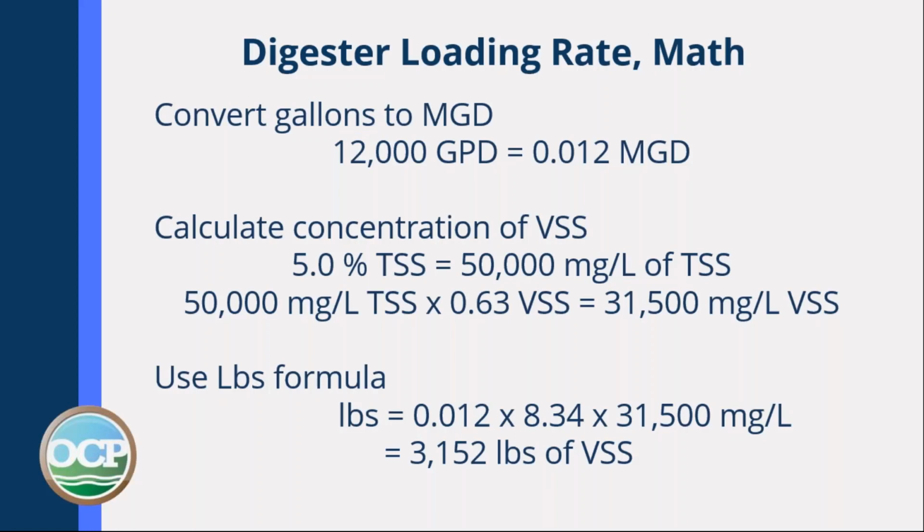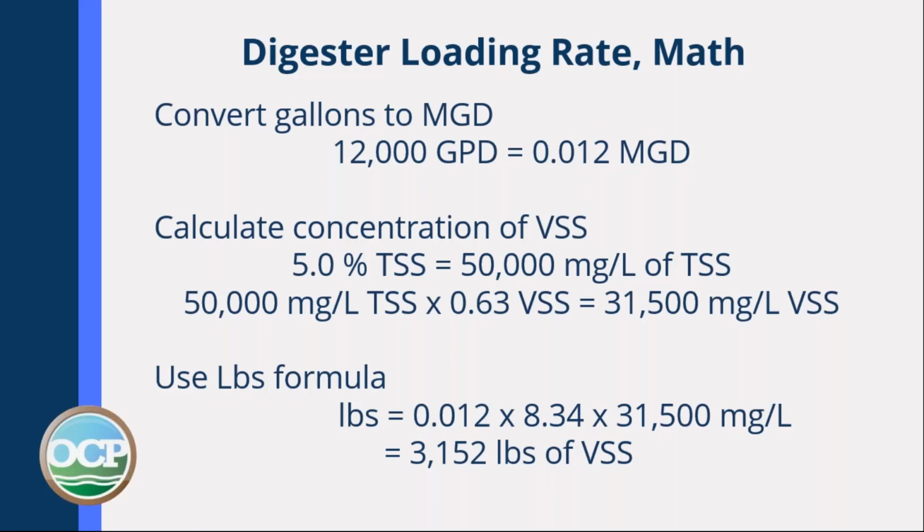We have to calculate the concentration of volatile suspended solids. 5% TSS equates to 50,000 milligrams per liter of TSS. 5.0 times 10,000 milligrams per liter per percent.